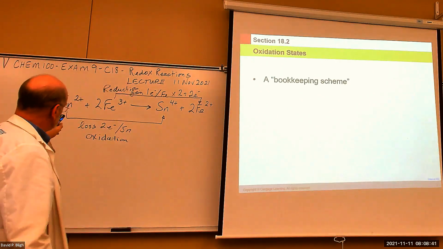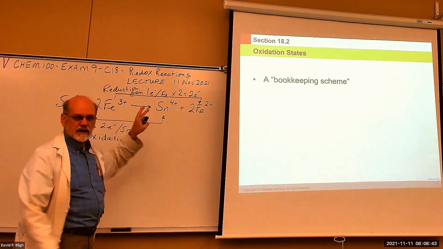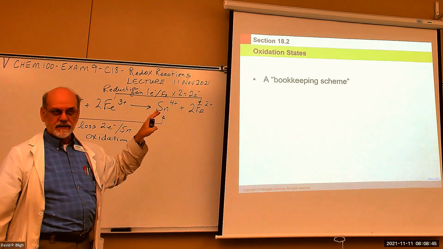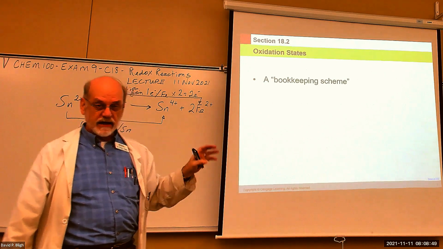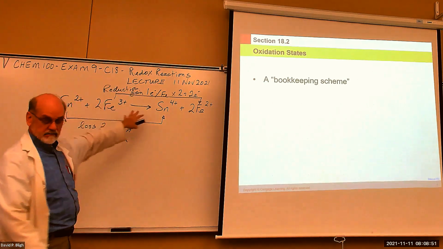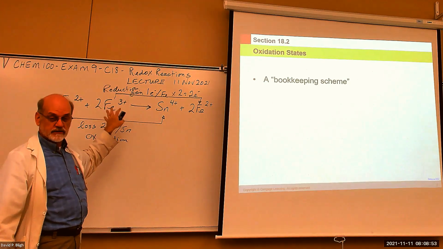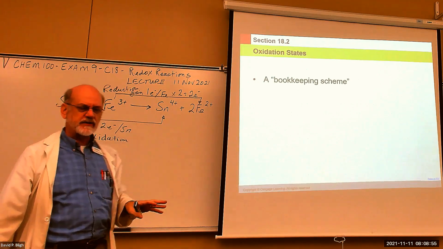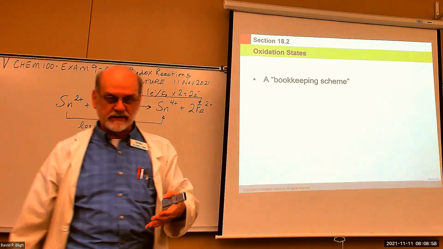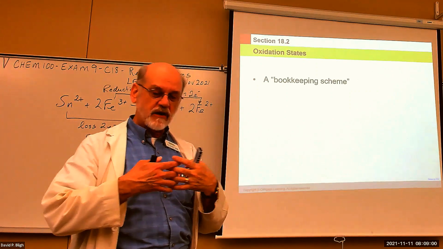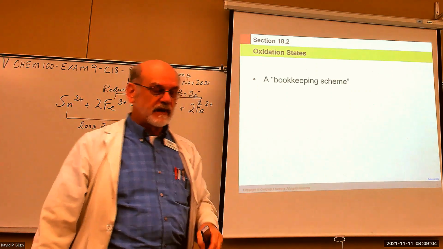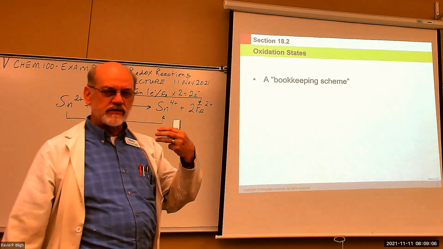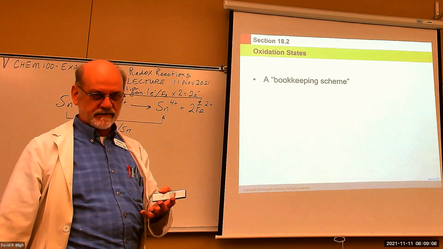Now, sometimes, especially when you're given compounds, they don't have to be ionic. In this case, they were ionic. Those are the easy ones to deal with. But sometimes compounds are covalently bound. In other words, they share electrons. You don't have complete ions separated from one another, but we still need a way to track the electron movement.